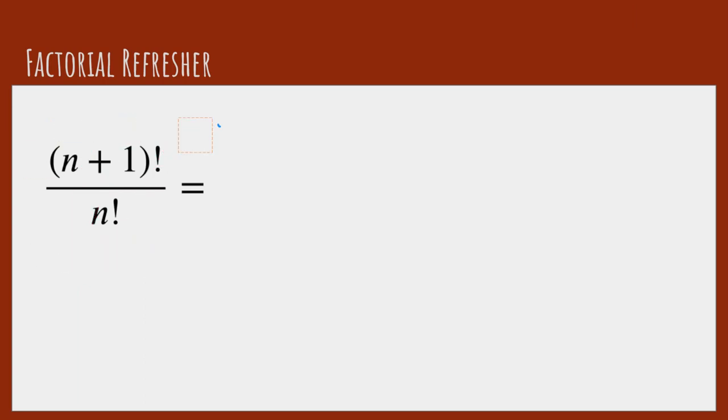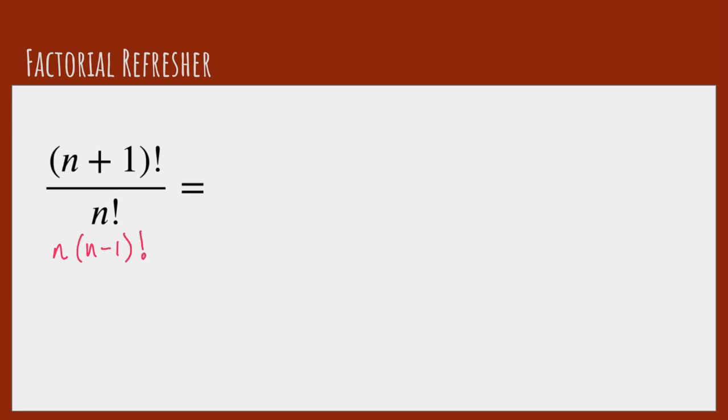Another way of dealing with this without writing all that out is to understand that any factorial is the same thing as that number times the number below it factorial. So for example, n factorial is the same thing as n times n minus 1 factorial.